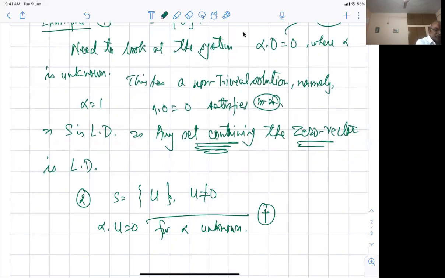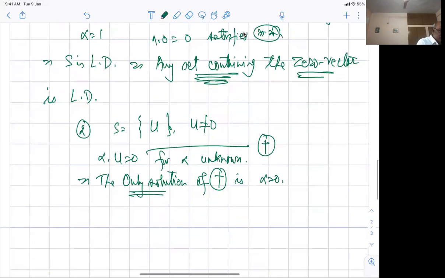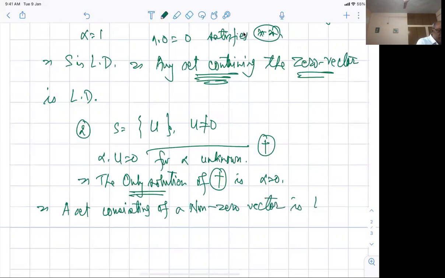Since I've taken that u is not 0, this implies the only solution of dagger is alpha is equal to 0. The only solution. So a set consisting of a non-zero vector is linearly independent, because it has only the trivial solution. Fine.